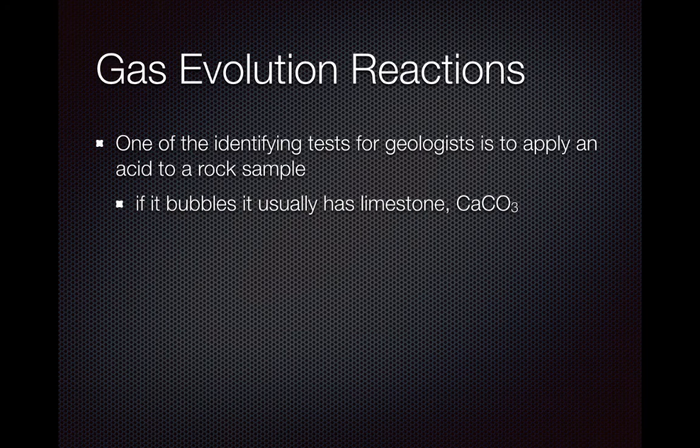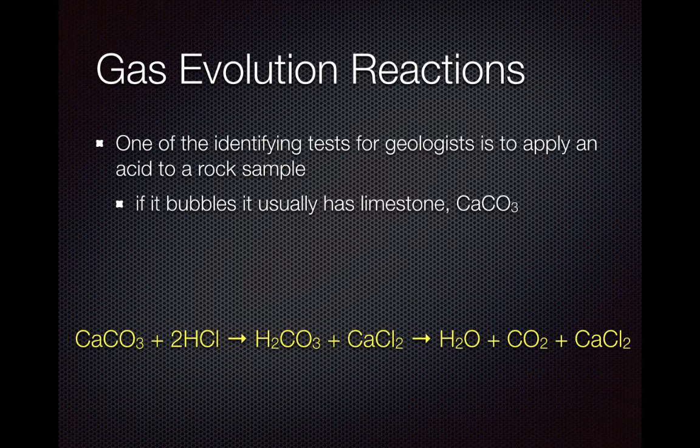And if that sample bubbles, there's a good chance that that rock has some limestone in it, calcium carbonate, CaCO3. So calcium carbonate reacts with acid by this reaction. You have CaCO3 plus 2HCl, and we have kind of an intermediate reaction here where it makes carbonic acid, H2CO3, and CaCl2.